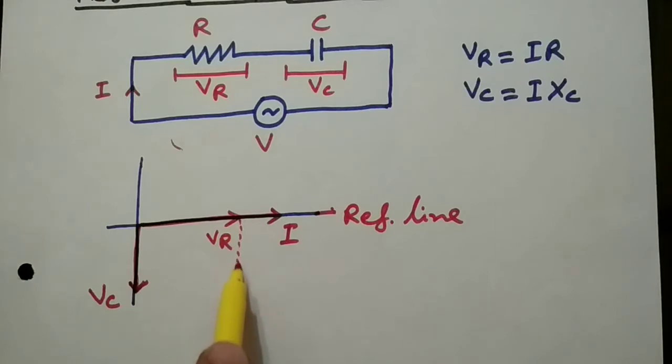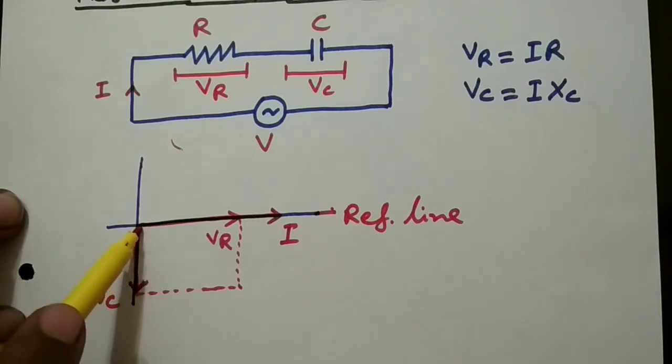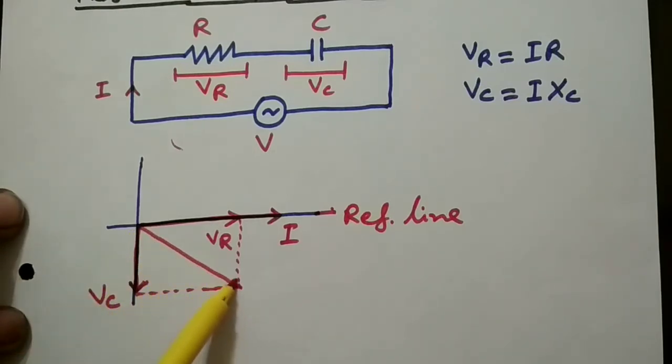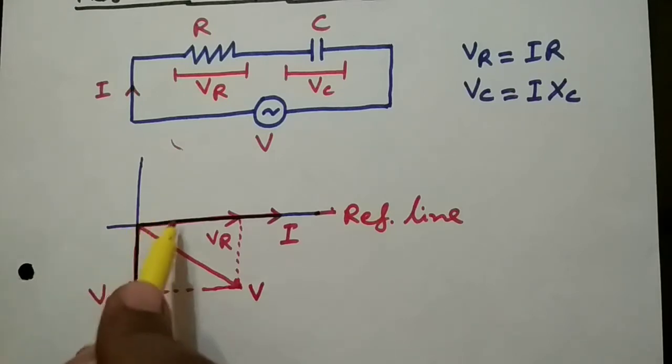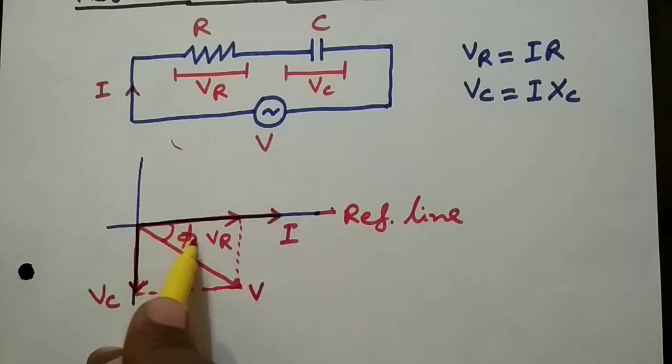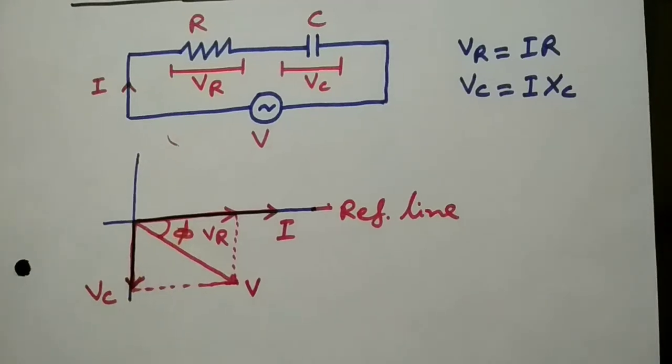Therefore, we have to find their resultant value. So from the phasor diagram, the resultant voltage will be here, where V is the supply voltage and I is the circuit current. Here we can see that the voltage and current make an angle, and this angle is represented by phi, that is the phase angle.